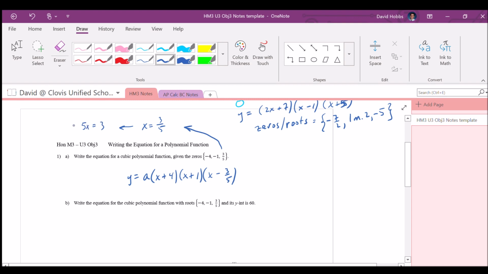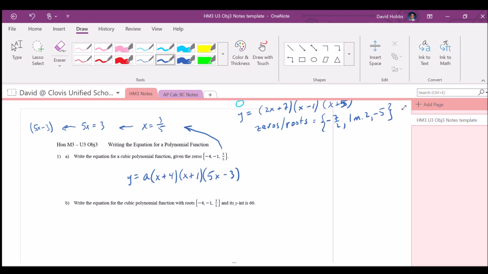And then if I bring the 3 over, I get 5x minus 3. And so there's the nice way to put it in our equation. 5x minus 3.